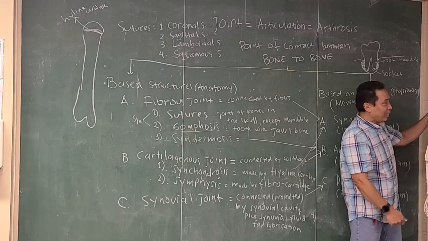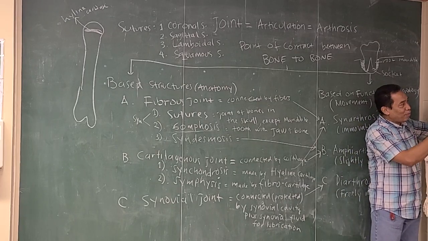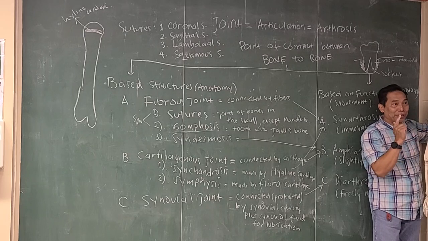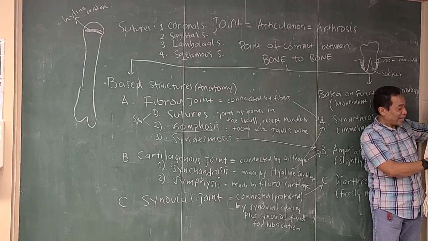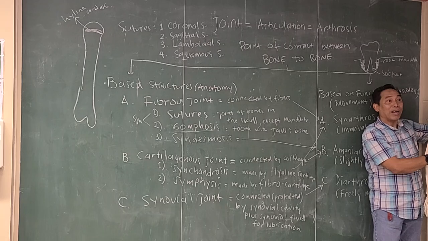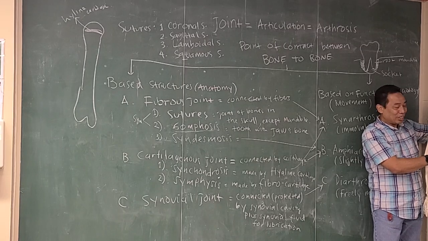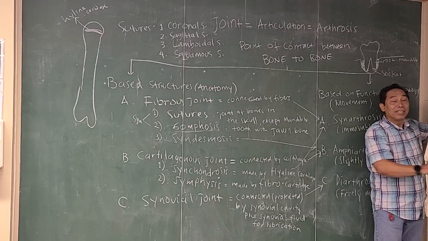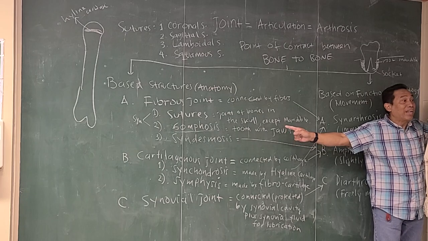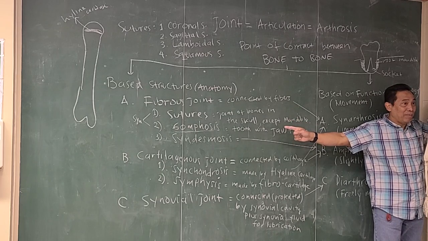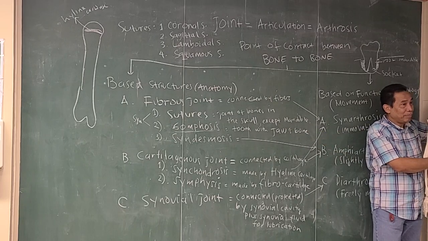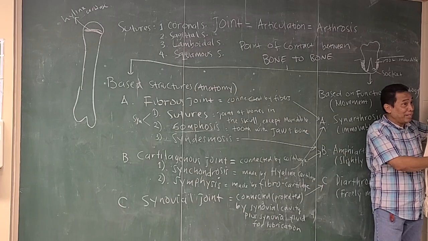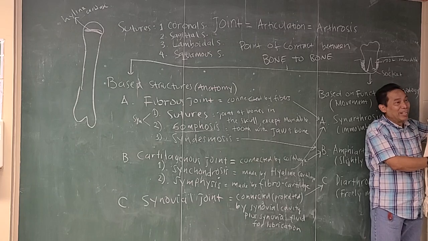The second one is really easy. How many vertebrae do you have? 26. And between vertebrae there is cartilage, which is fibrocartilage, right? So this is another type of symphysis, between vertebrae. Do they move? No. Are you sure? Can you bend your back?